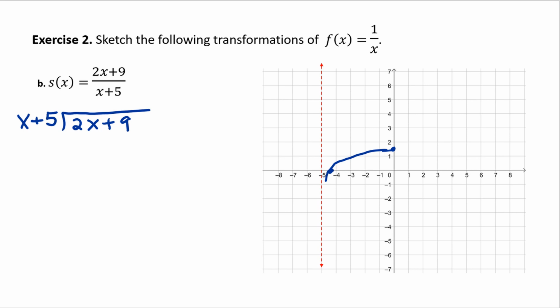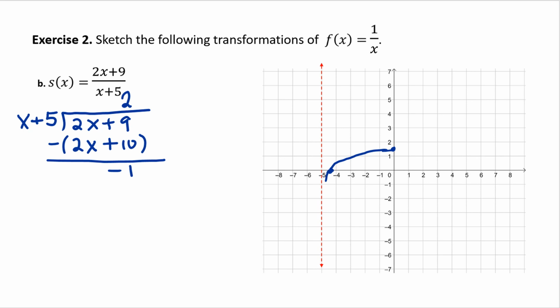Okay. What do you multiply to x to get 2x? 2. So we'll put the 2 above the constant 9. 2 times x is 2x, what we needed. And then plus 5 times 2 would be plus 10. Subtract, and we get a remainder of -1.